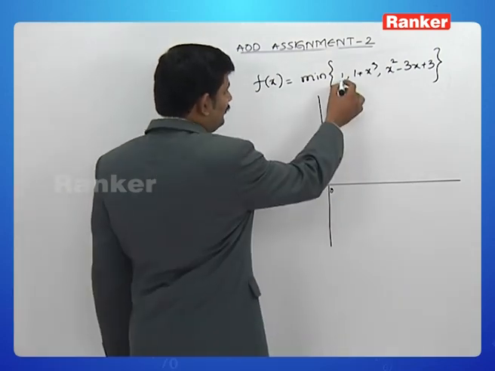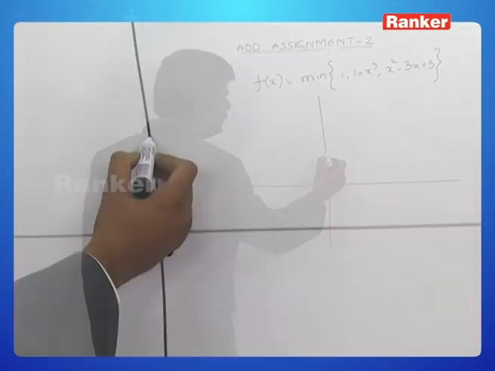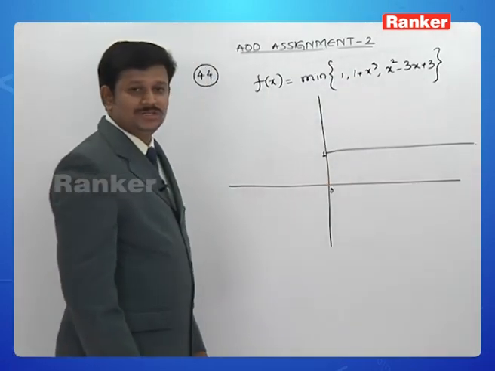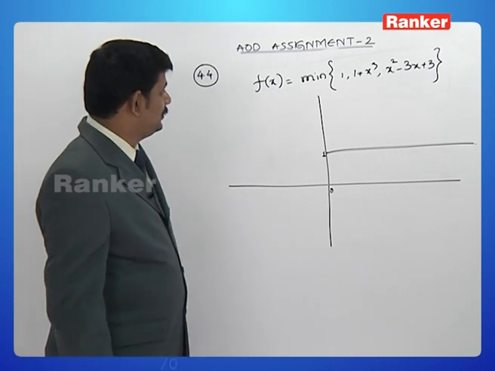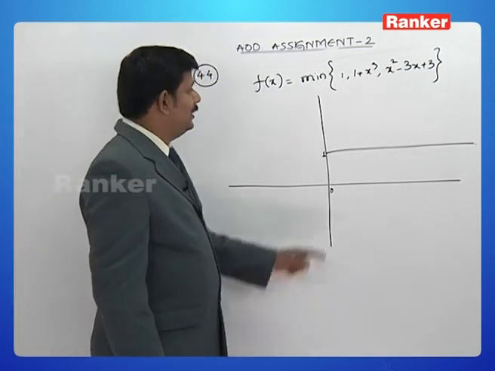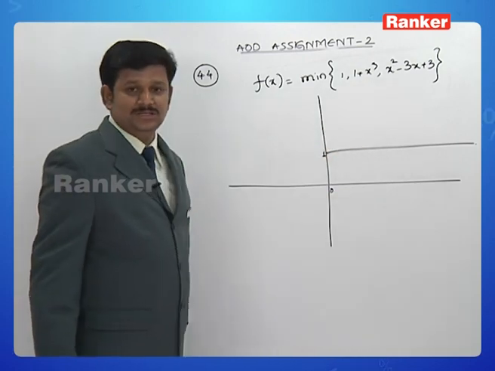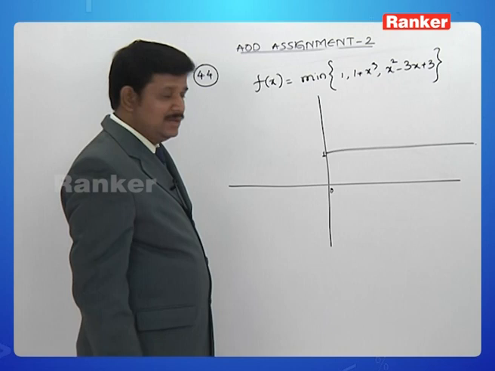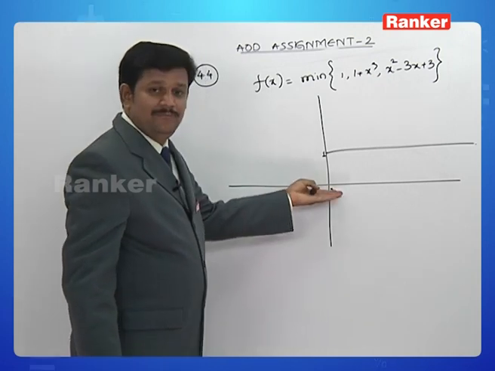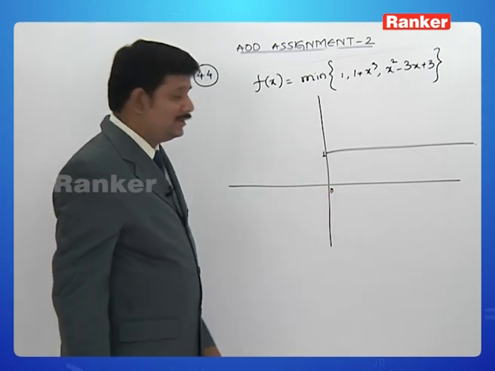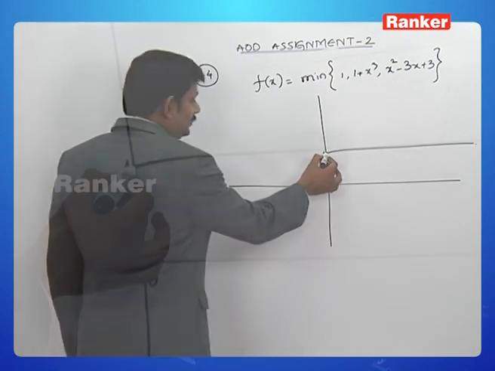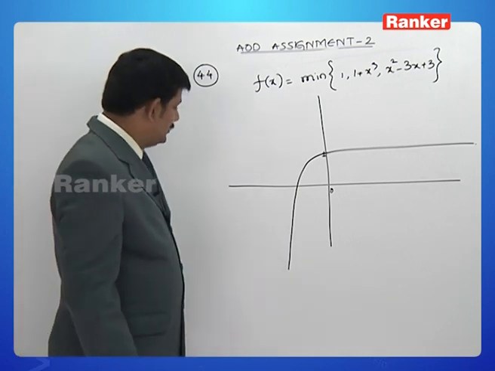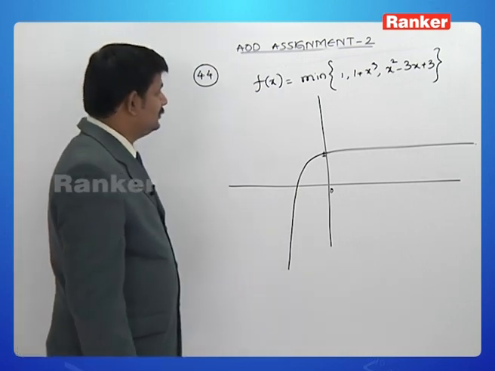So, let us draw the graph of 1 on the right side of origin: a constant function parallel to the x axis. And on the left side of origin, let us draw the graph of 1 plus x cube. The x cube graph will be this way, a strictly increasing function, with a point of inflection at 0. When we add 1, the graph rises upwards, and this is how the graph would be, tending to minus infinity as x tends to minus infinity.